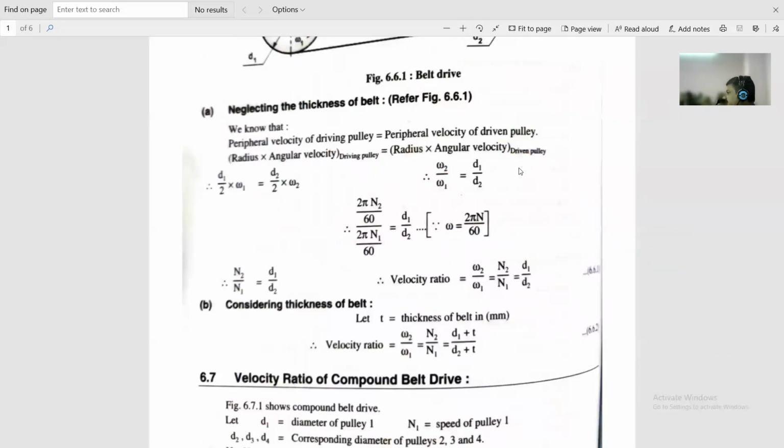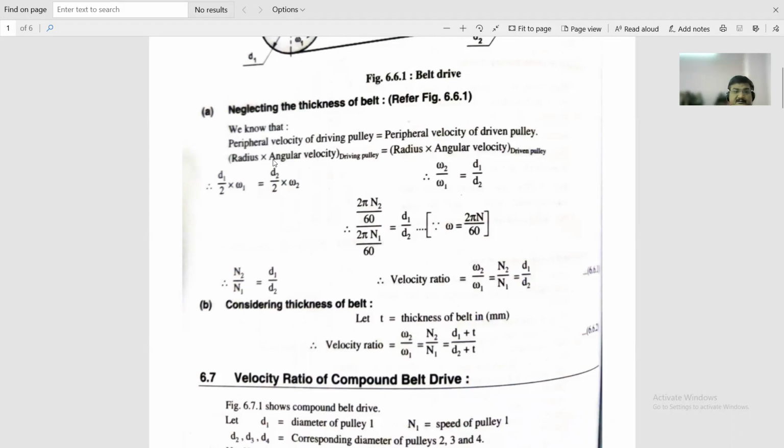Yes, sir, some little bit thickness: 2 mm, 5 mm, 10 mm, 20 mm, 30 mm. So in first case we are going to neglect the thickness of belt.